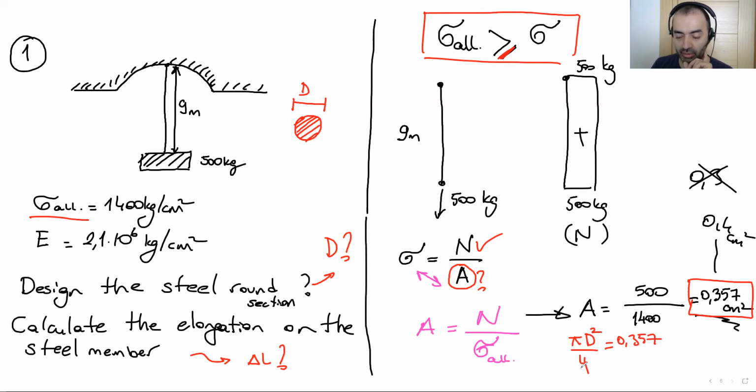Your calculator gives the exact number pi, use that one. The only unknown is D here. If you solve this equation, you are going to see that D is 0.7 centimeter.